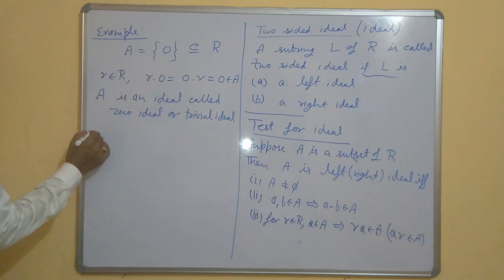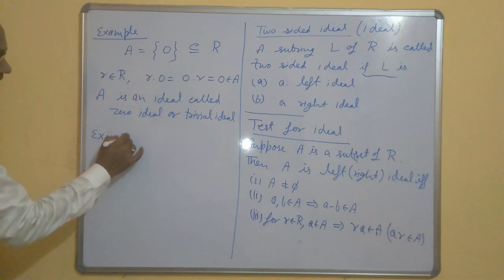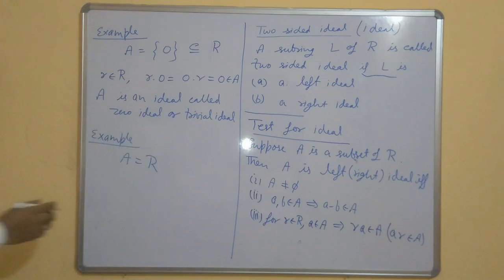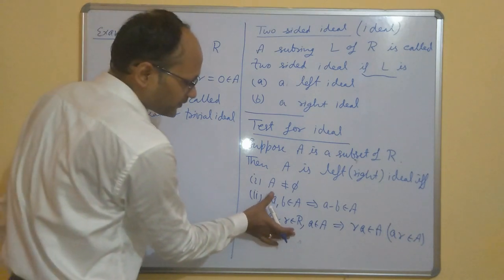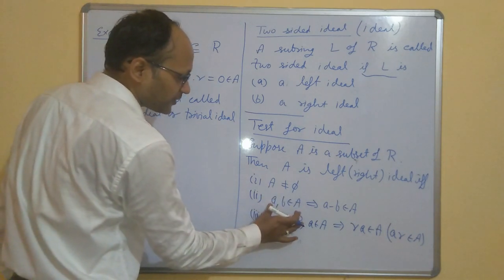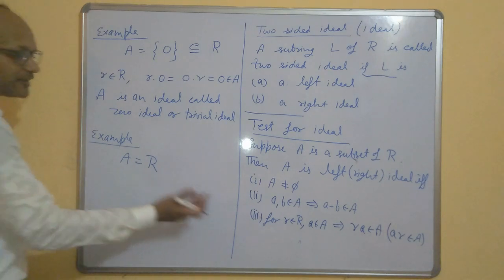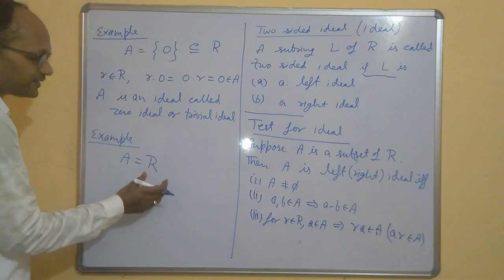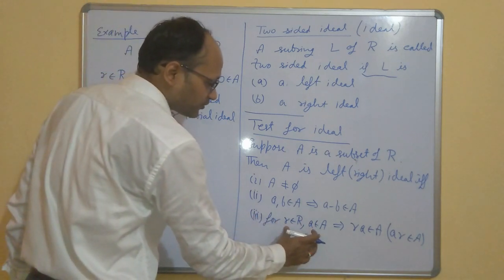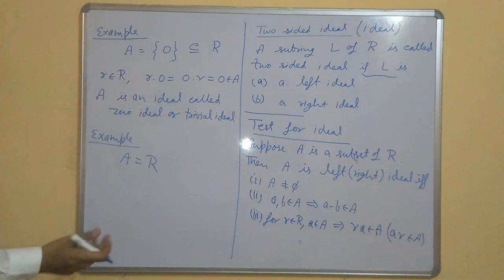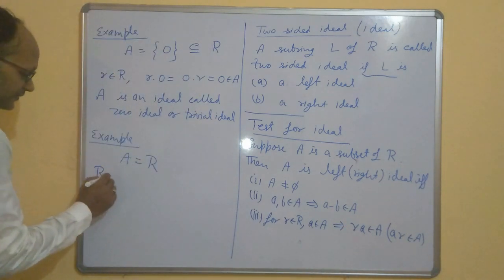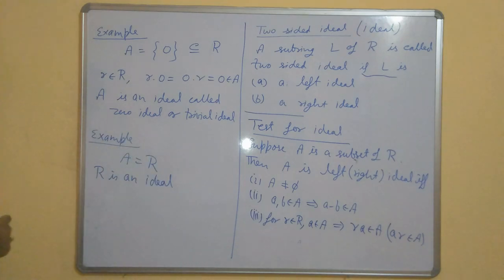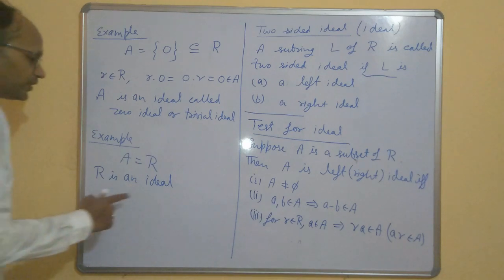Another example: take A to be the whole ring. It will satisfy all these properties because it is non-empty. a, b is in R, then a minus b is in R because (R, +) is a group, and because (R, ·) is a semigroup, if you take two elements both from R, their multiplication will be in R. So R is also a two-sided ideal.